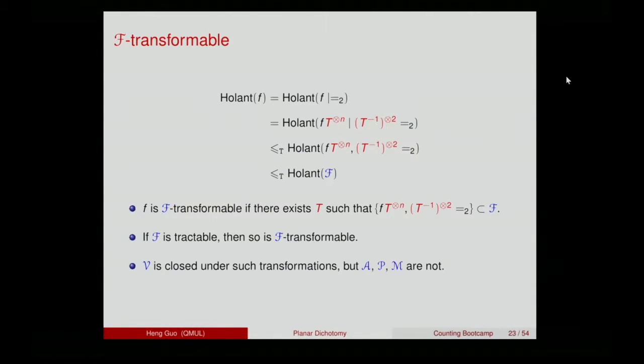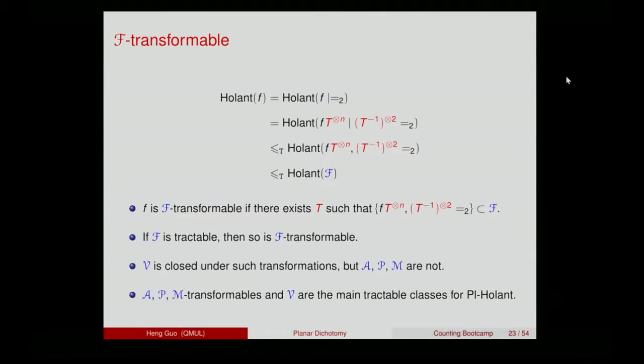So we only need to consider a gadget closure, then consider a transformation closure, and we don't need to repeat this process to get a maximal tractable case. And these four cases are actually the main tractable cases for planar Holant: the A, P, M-transformable, and the vanishing case. Another view to understand why V is closed under transformation is that the (1, i) and (1, minus i) vectors are always the eigenvectors of 2 by 2 orthogonal matrices, because orthogonal matrices will preserve equality.